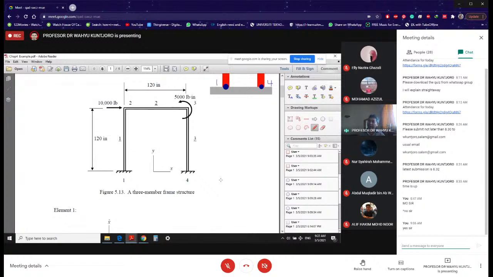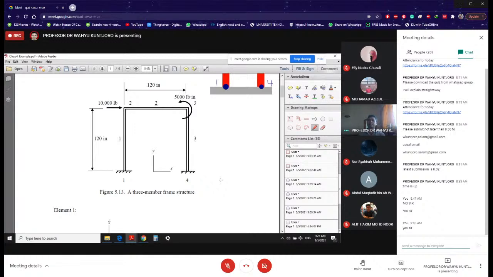So expand every element equation from 6 by 6 to 12 by 12, and then you combine them all together. So you are going to end up with a 12 by 12 structural equation.